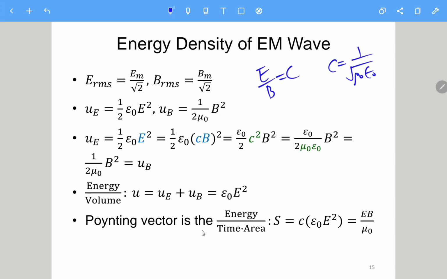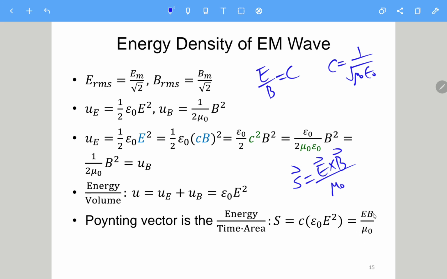Okay, so the Poynting vector in the textbook tells you that the Poynting vector is E cross B over mu naught, and of course E and B are always perpendicular to each other. So E cross B will have the magnitude E times B over mu naught.